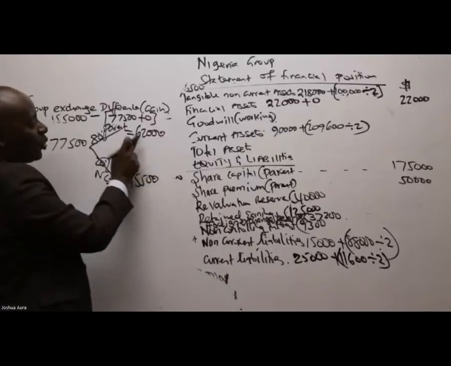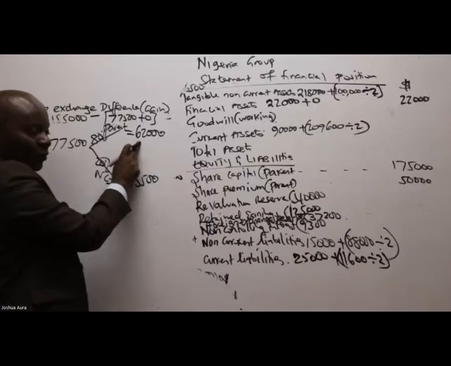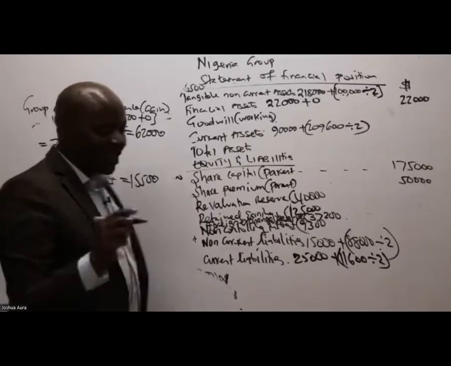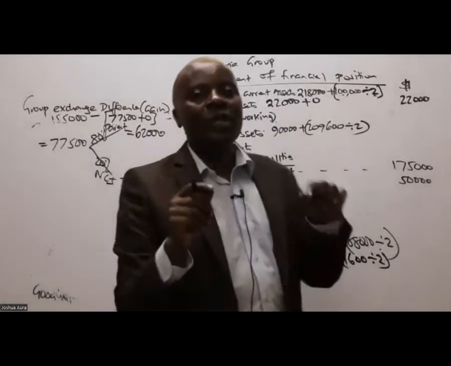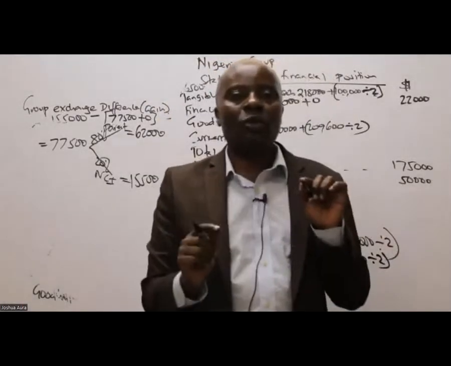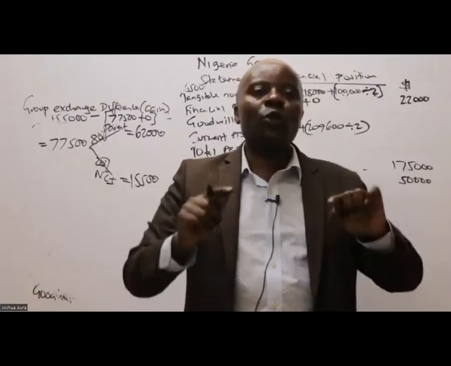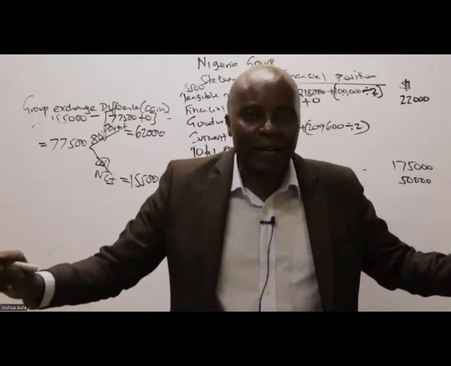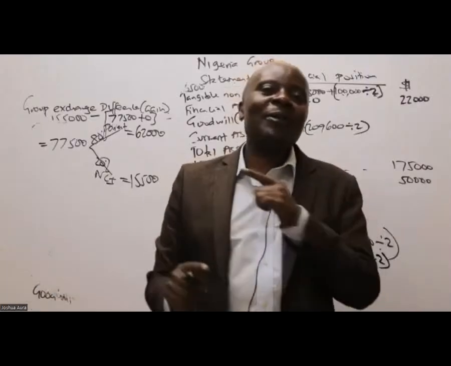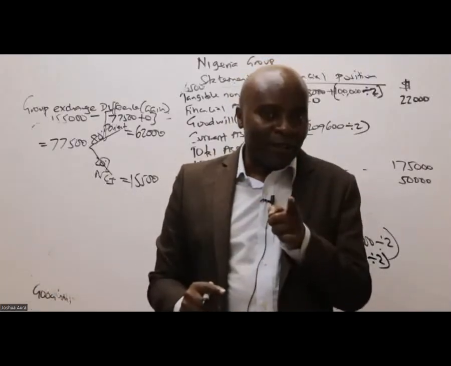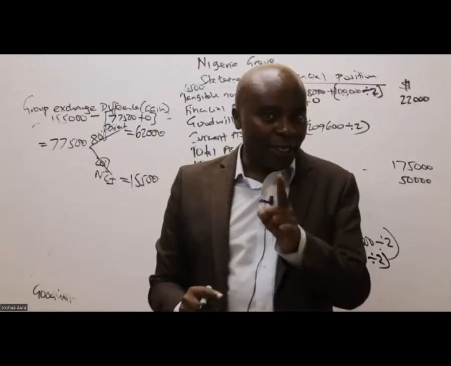Remember, this will not go to the group retained earnings. This will go to the foreign currency reserve. In the income statement, these revaluations which come as a result of foreign currency translation will go to other comprehensive incomes. These amounts are never available for sharing to the group owners as dividends.